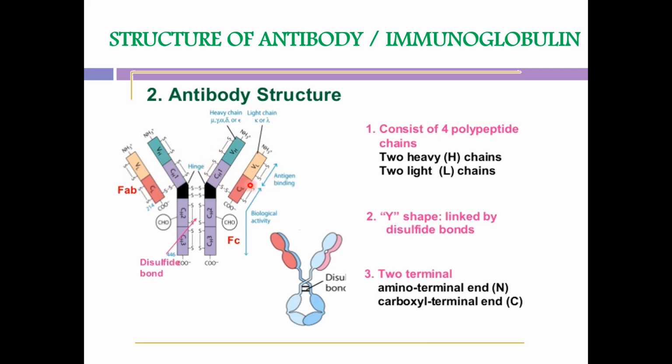Here the antigen binds at the N-terminal, or amine terminal. This region is called the Fc region, because this is the carboxyl terminal, and the antibody attaches on the surface here on the Fc region. So this is the amine terminal, and this is the carboxyl terminal.